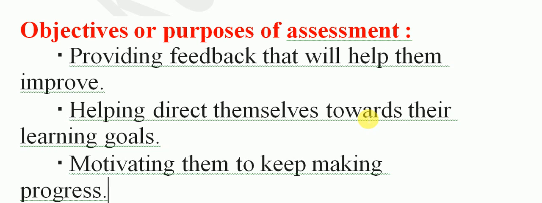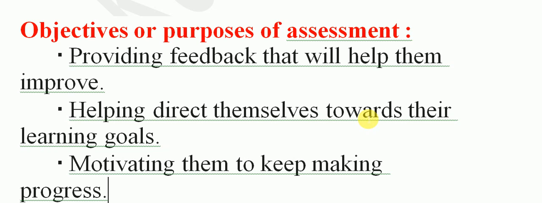By the assessment and evaluation, we see what knowledge the student has gained and what information they have improved, and by feedback we help them. You must now increase the knowledge in this area. So, providing feedback that will help to improve, and helping them direct themselves toward their learning goal.